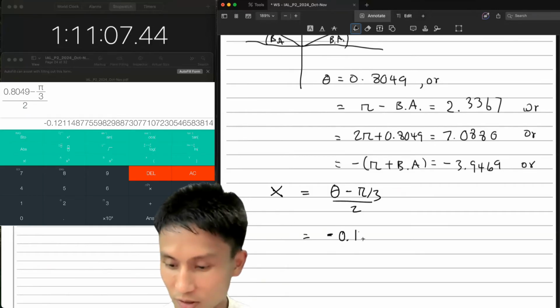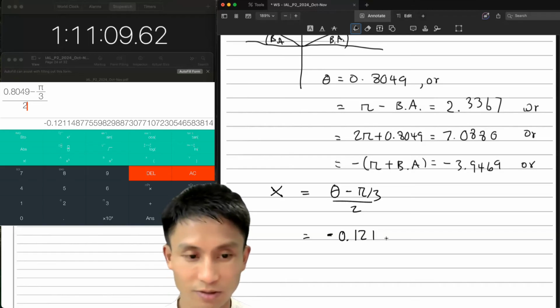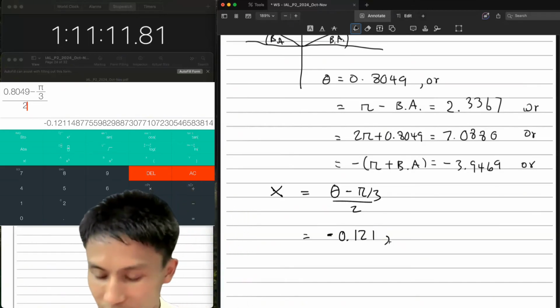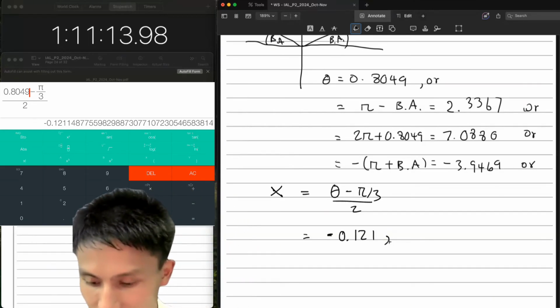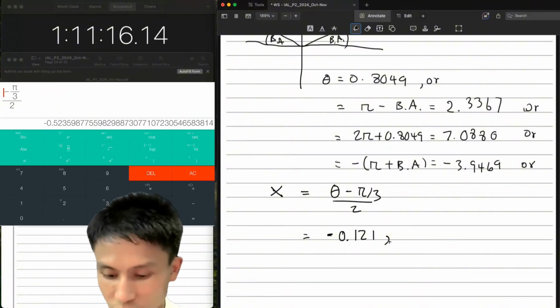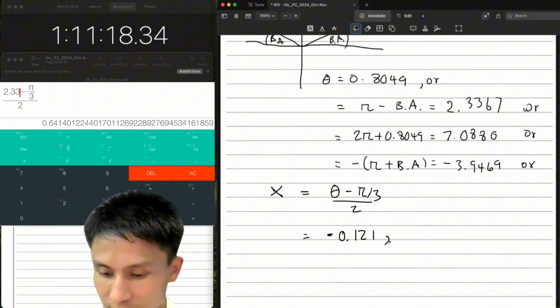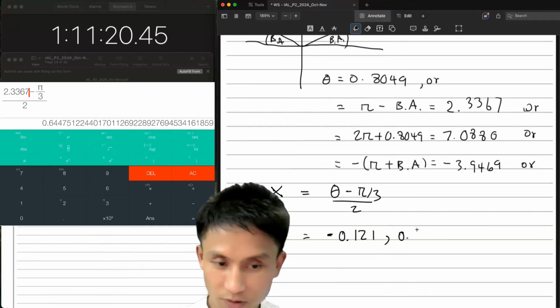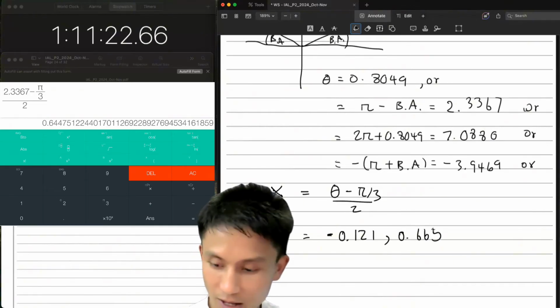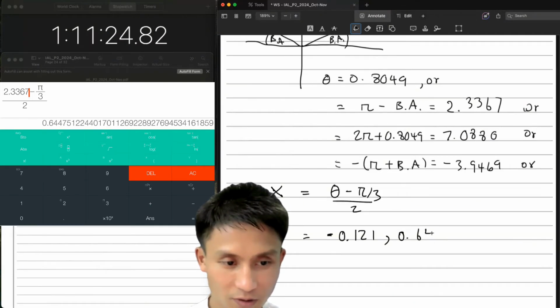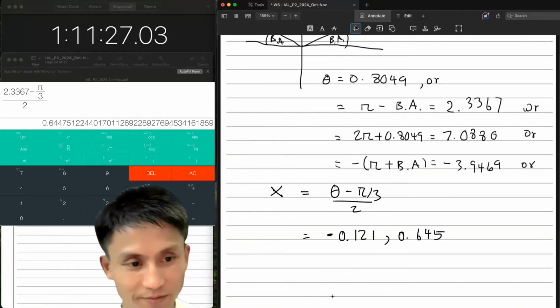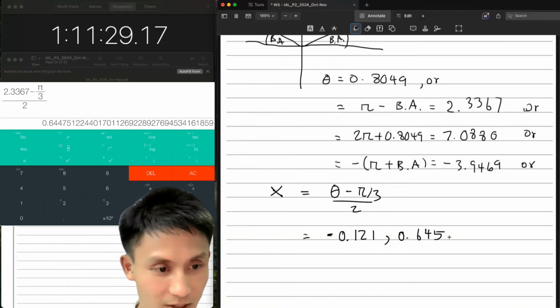Minus 0.121, 3 significant figures. And then we have here, change it to 2.3367, 0.645, almost made a mistake again. All right.